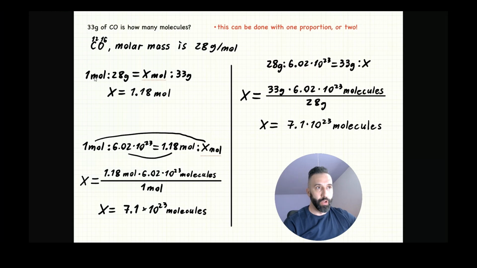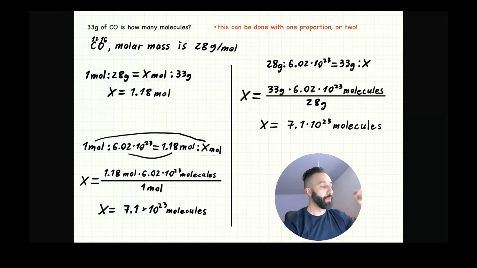So 1 mole of CO is 28 grams, which is what you can calculate from here. Then X moles is 33 grams, and then you calculate the number of moles. Now, after that, you can just say 1 mole is Avogadro's number, but this many moles is how many? Actually, it should be molecules, sorry, not moles, right? And then you can just calculate this.